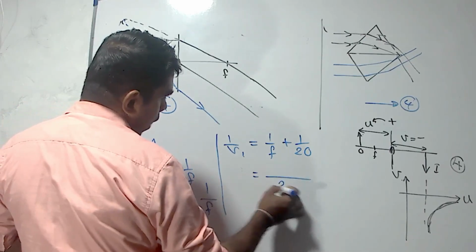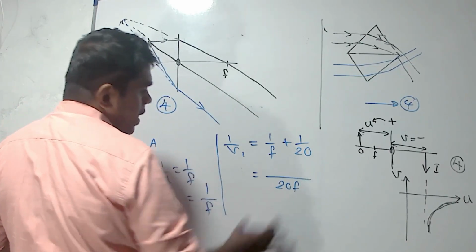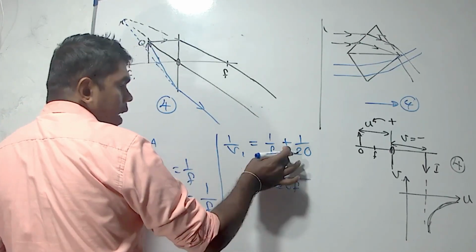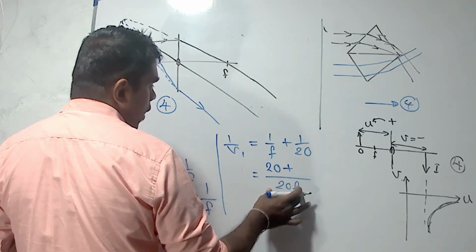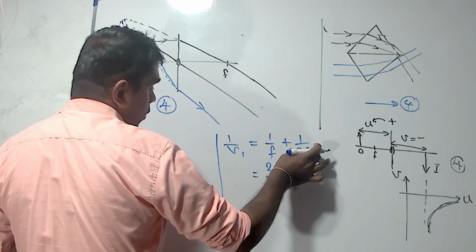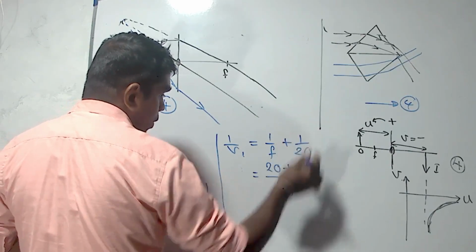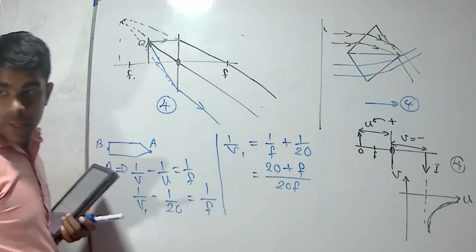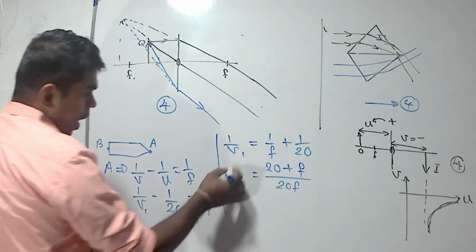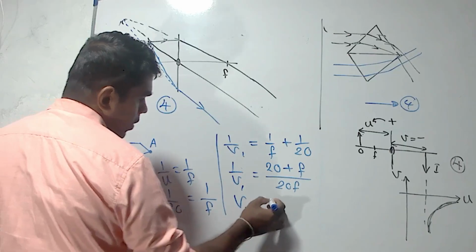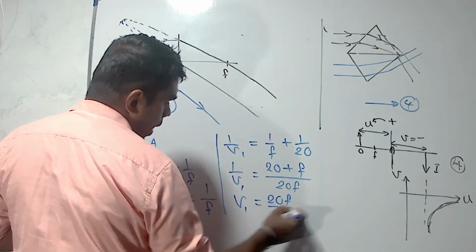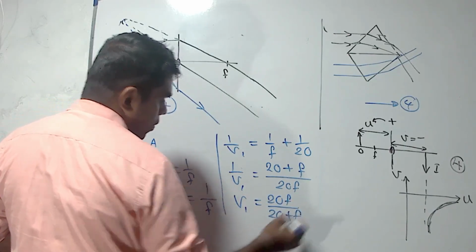Then we can simplify it. 20F is the LCM. 20F divided by F is 20, 20 into 1 is 20, plus 20F divided by 20 is F, F into 1 is F. It is 1 over V1. Then I will find V1: V1 equals 20F divided by 20 plus F.